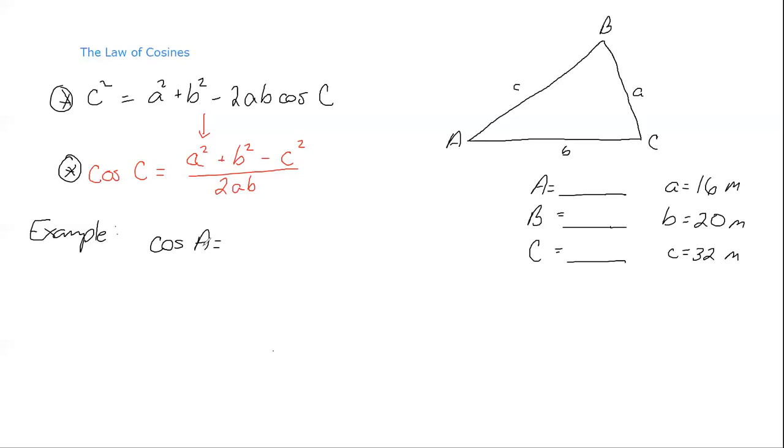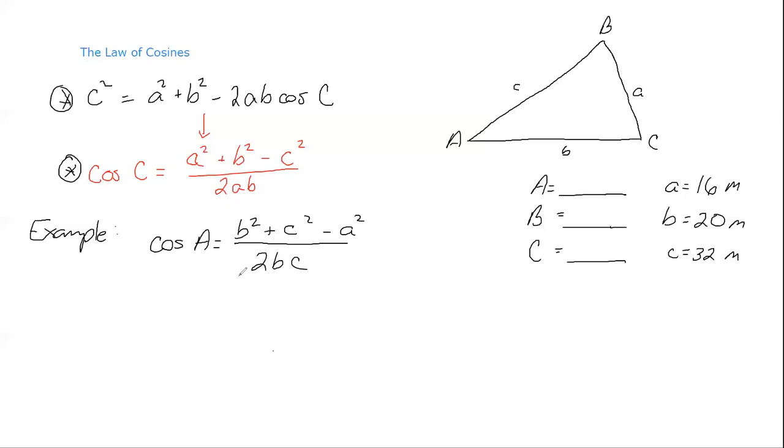So since it's angle A, you know that you're going to have a minus A squared here at the end. The other two, it does not matter what order you put them in. B squared plus C squared minus A squared. And I'm going to divide this by 2BC. Notice the denominator does not use the side opposite the angle that's in the cosine.